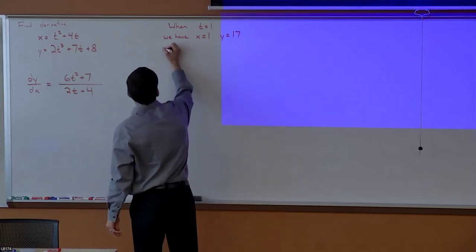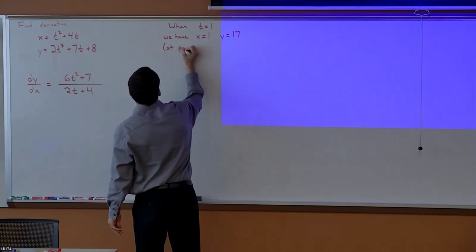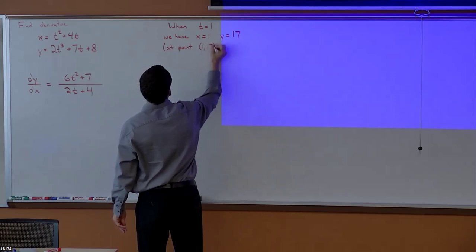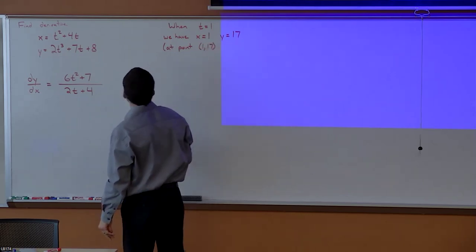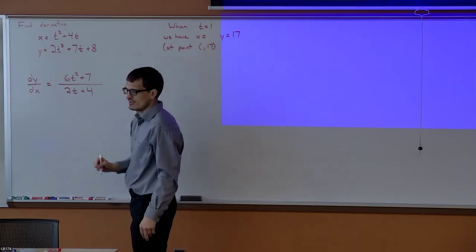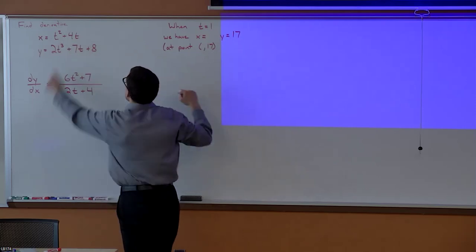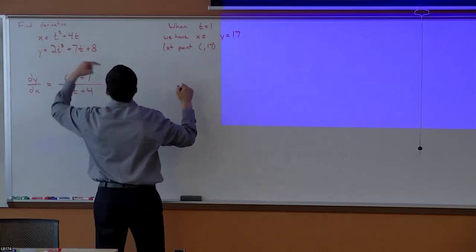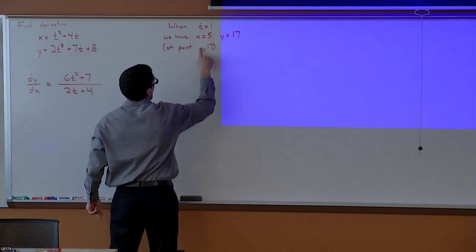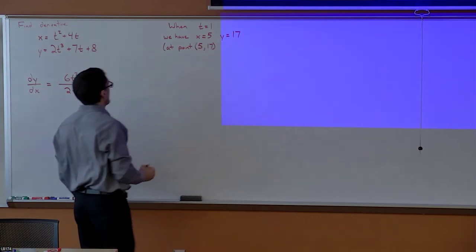So in other words, we're at... oh, I'm sorry, I apologize. I calculated that wrong. Plug in 1 for t. I should get a 5 for x. I apologize. We're at the point (5, 17). I knew that sounded wrong.